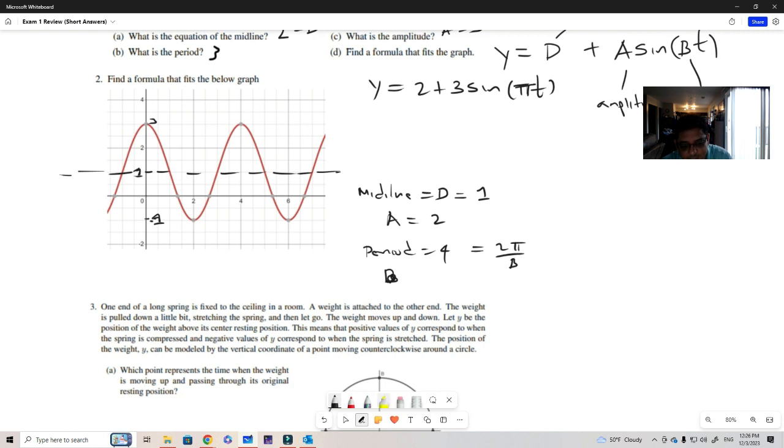So then we can calculate b as 2 pi over 4, or pi half. And so the equation of this will be y equals 1 plus 2 sine of pi half t, or pi half x, depending on whatever you want to use.